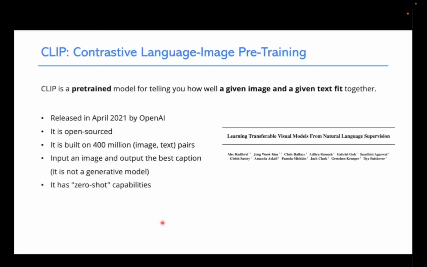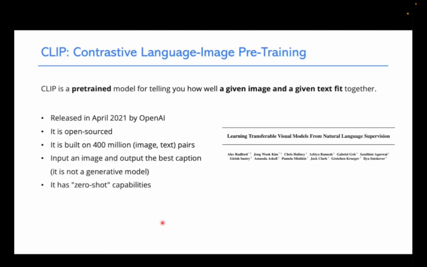So CLIP is a pre-trained model that would tell you how well a given image and a given text fit together. This model was released in April 2021 by OpenAI and is open sourced. It's built on 400 million image-text pairs, and the input is an image.